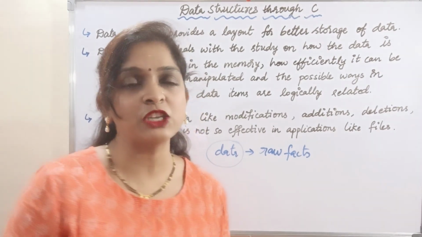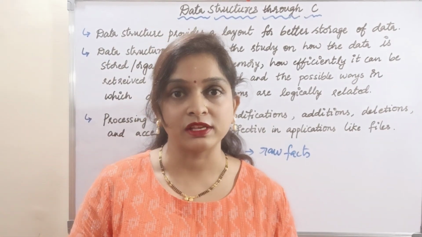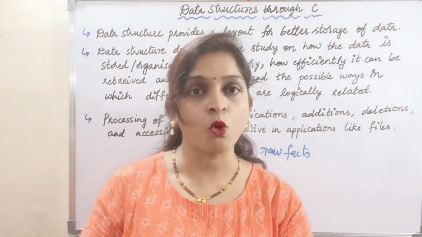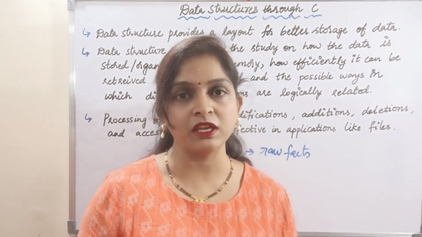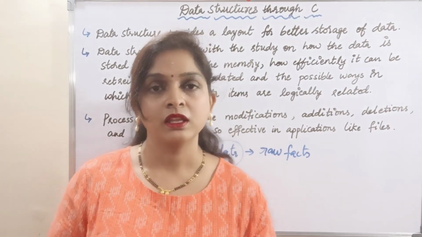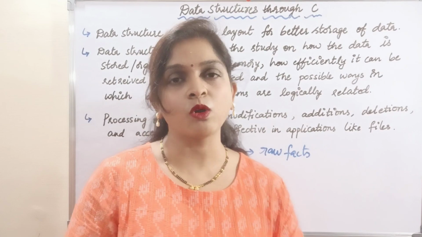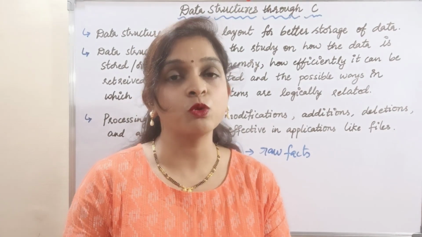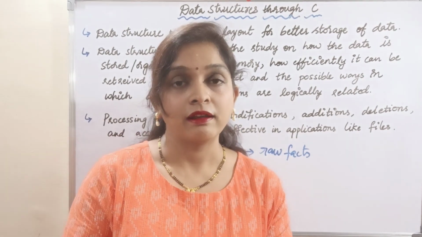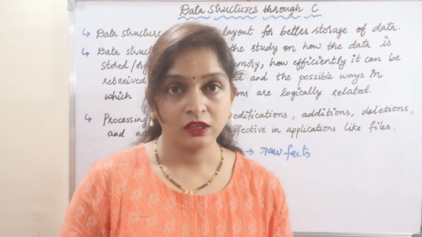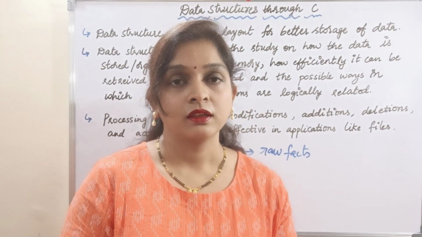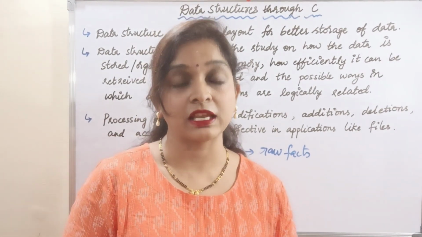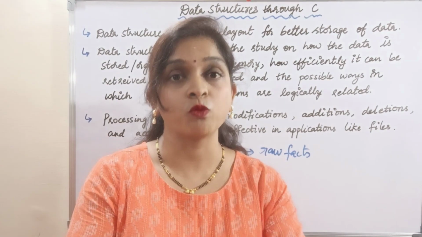Say for example, I need to collect the data of the students for enrolling to a course, any course, say it may be the PUC or it may be the engineering course or any courses that you join. So you provide your raw data, that is your name, say your date of birth, your address, your contact details, and the course that you want to join.